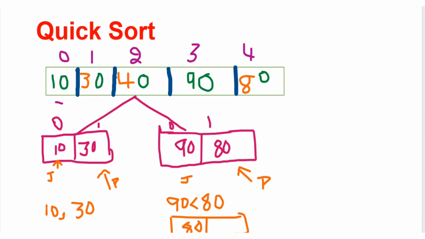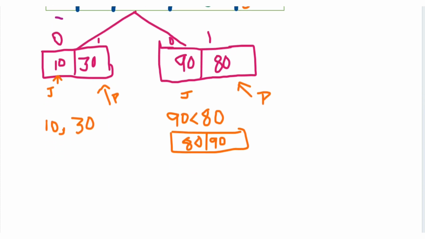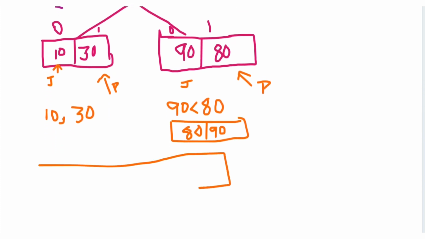The right sublist is divided into a left sublist that is empty, and a right sublist that contains 90. It is already sorted. Combine the lists. We get 30, and 40 is the pivot element.